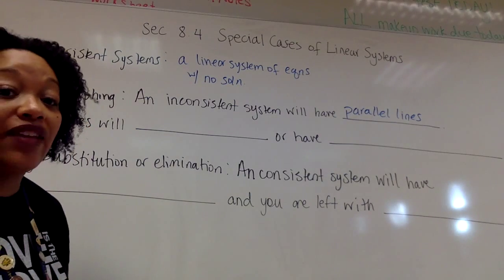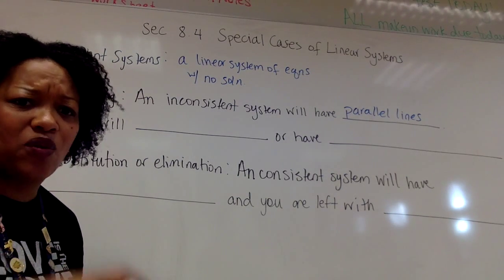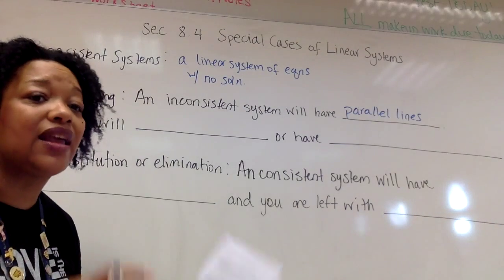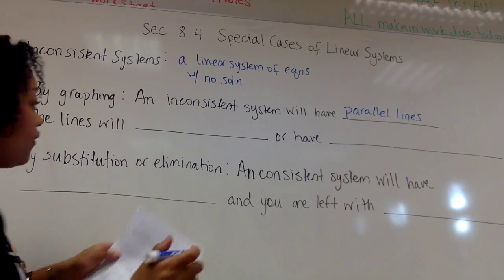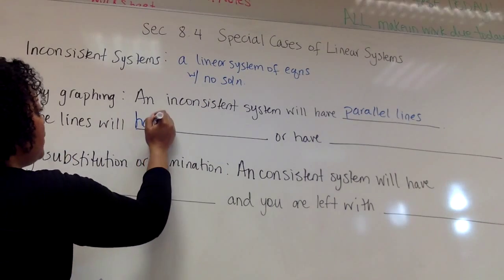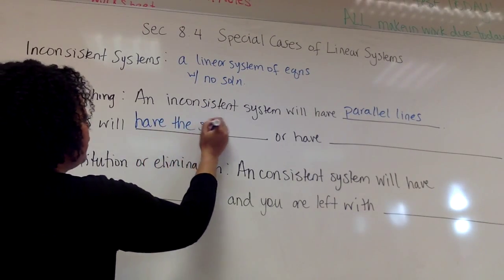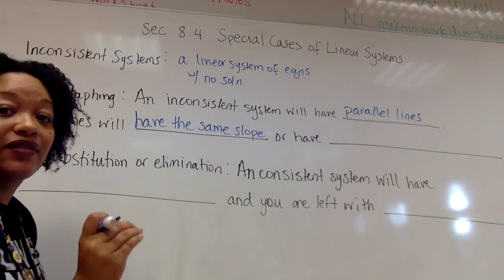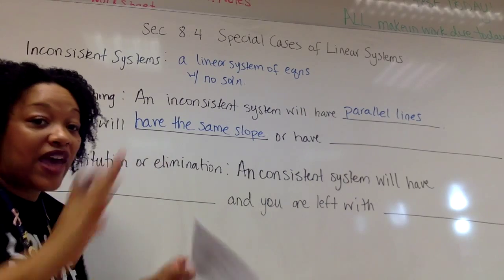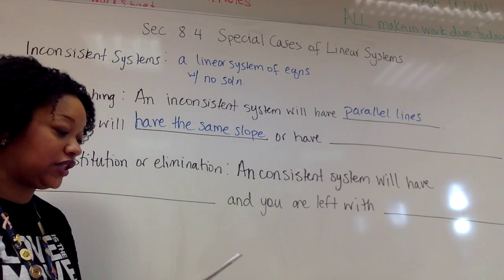Now, if you just want to eyeball the equation and you don't want to graph, here's what you would look at for the equations. The lines will have the same slope. Okay, so if you look at your equations and your M is the same, that means that the lines are parallel, there's no solution.